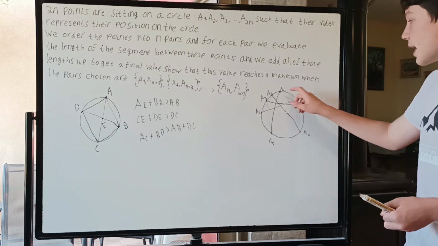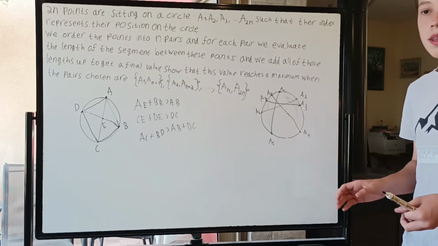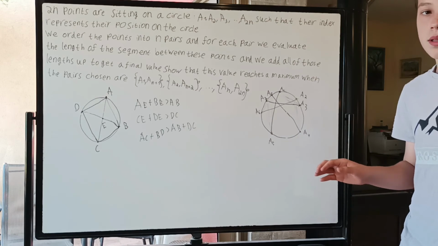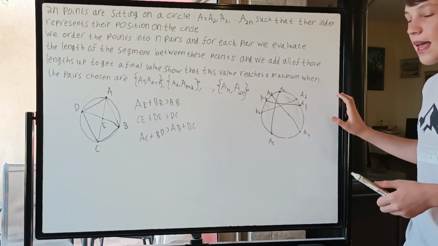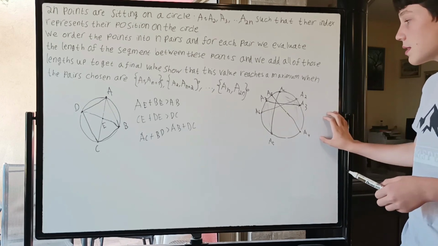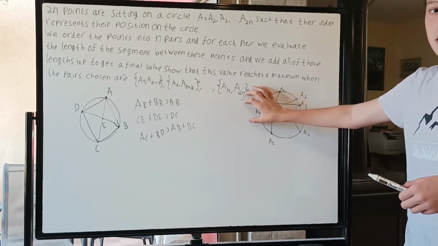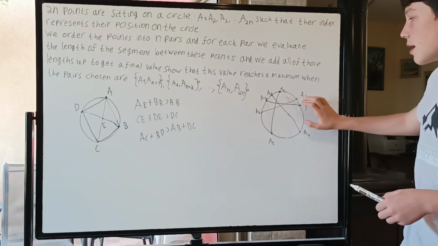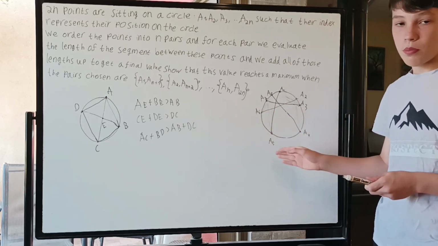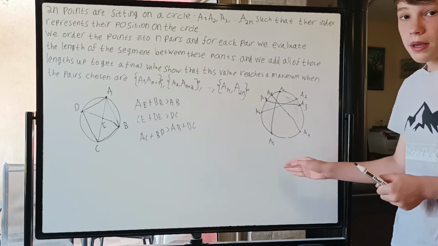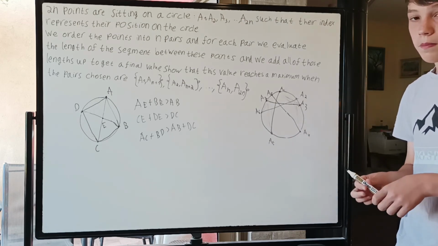But if we're choosing A1 and some other point, that means we have 2n minus 2 points left. And we want half of them to be on this side and half on this side. So we want n minus 1 points here and n minus 1 points here. But that will mean that the point we're choosing will have to be the one in the middle, a(n+1).